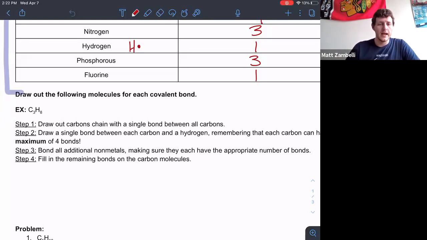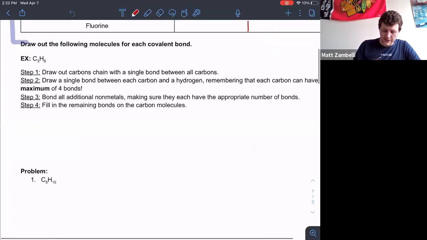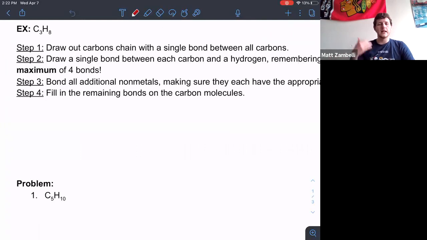We have C3H8, so we're trying to draw out the carbon chain first. Let's first draw it as Lewis dot structures to draw out these bonds and make sure all our valence electrons get paired up. Then we're going to draw it as lines instead of the circles.